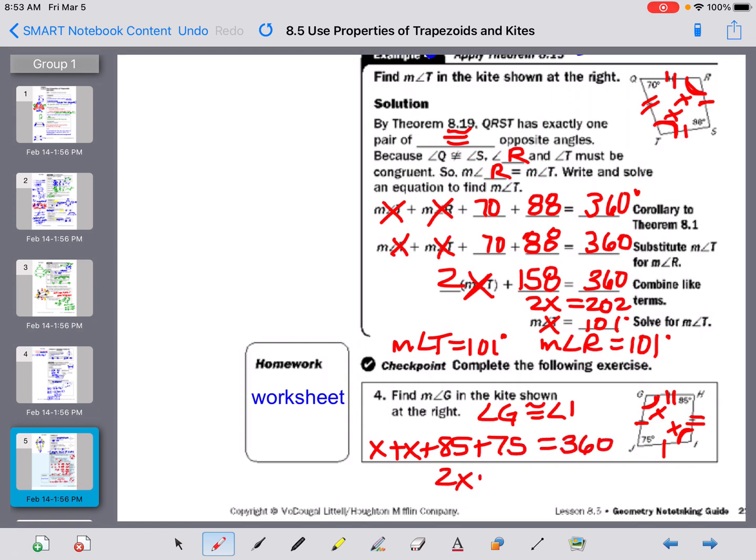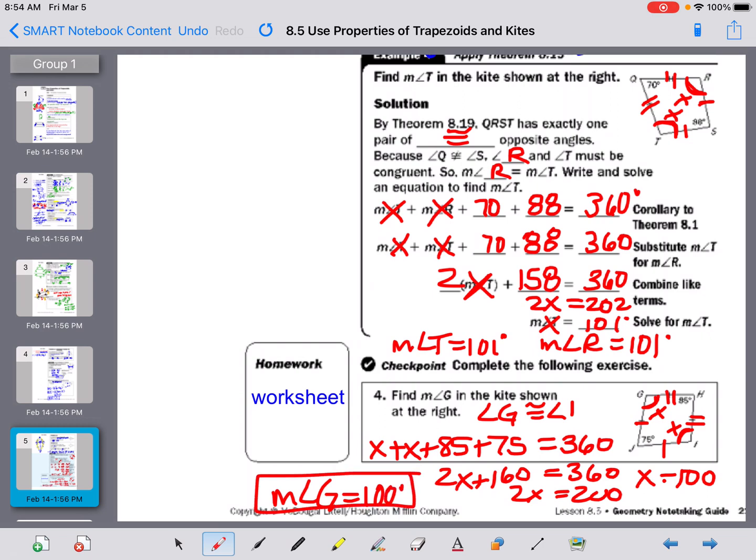So 2x plus 160 equals 360. 2x equals 200, and x equals 100. So the measure of angle G is 100. They asked me just for G, but I used that rule of one pair of opposite angles congruent.